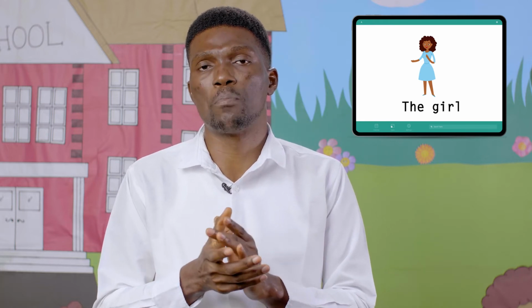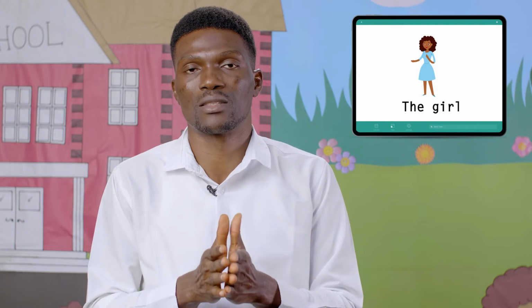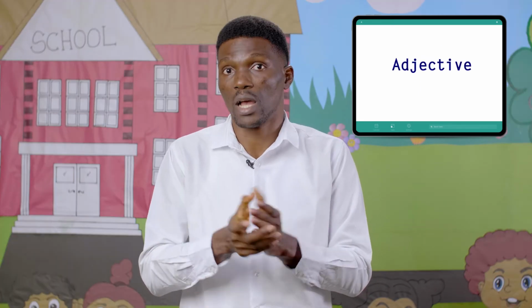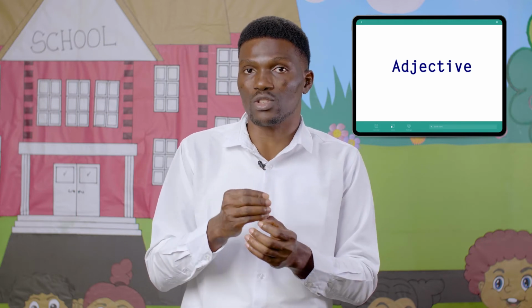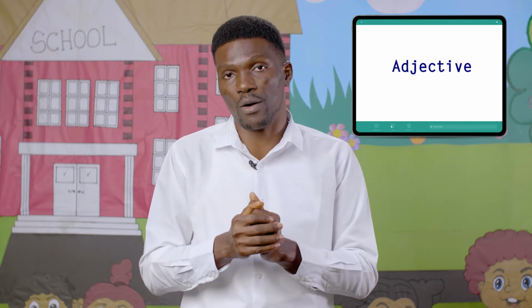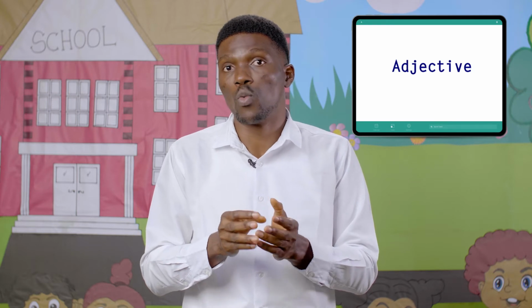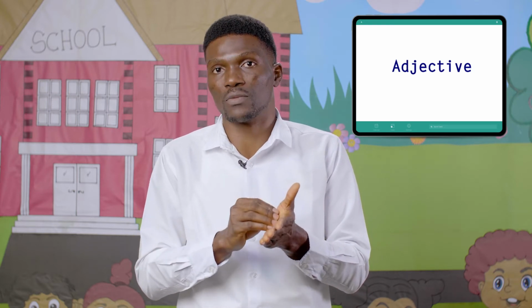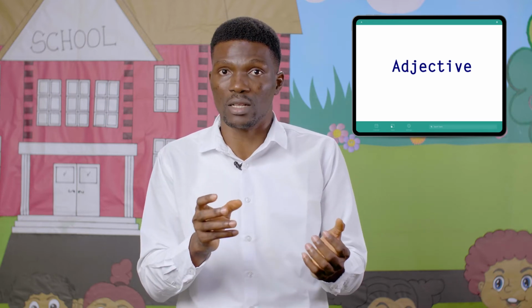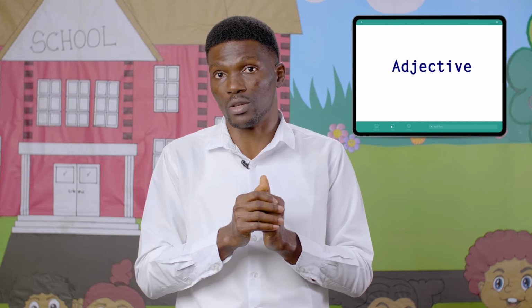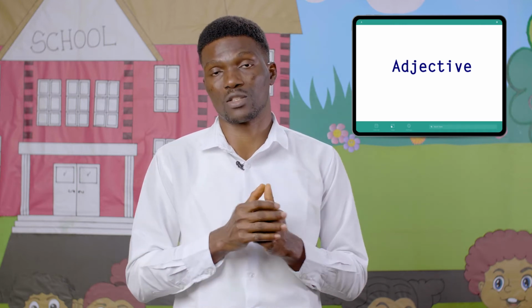Now, in order to expand your noun phrase from the girl to something more detailed, you need to add at least an adjective. And we already said what an adjective is. An adjective is a word that describes a noun or a pronoun. So, once you add an adjective to a very simple noun phrase, you have expanded it a little, because you can have a simple expanded noun phrase and a more complex expanded noun phrase.